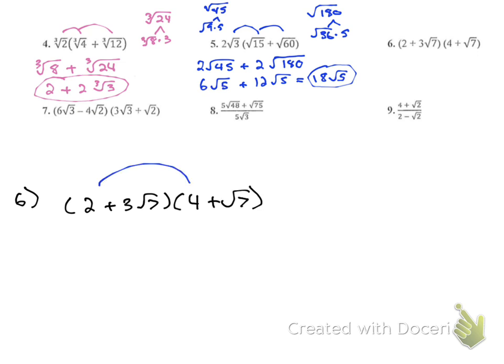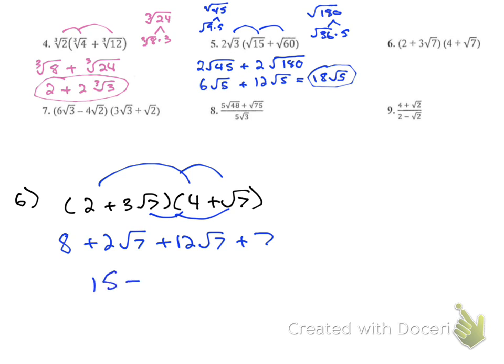So first gives me 8, outer gives me 2 square root of 7, inner gives me plus 12 square root of 7. Last gives me square root of 49, which is 7. Add them together, and that will give me 15 plus 14 square root of 7.